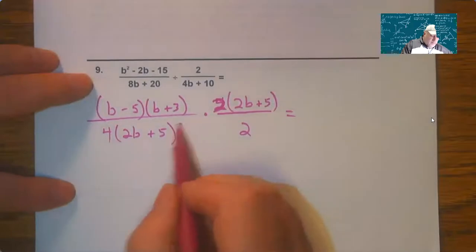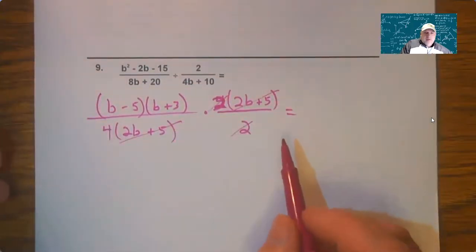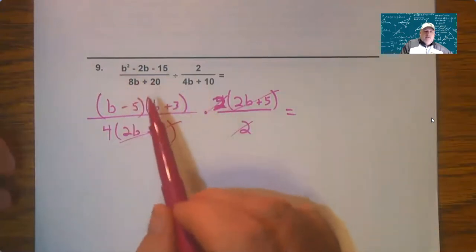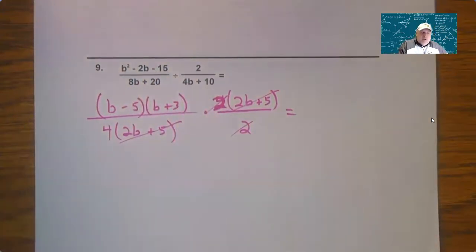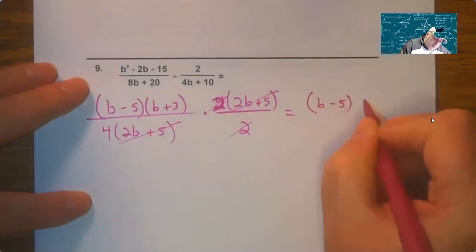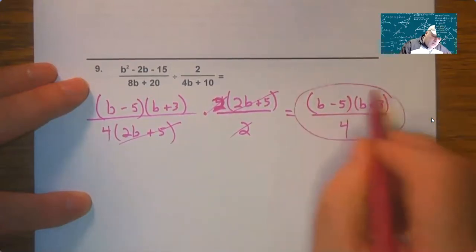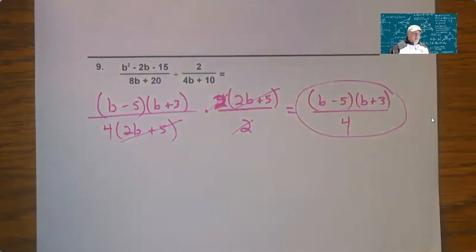And then it's a 1-for-1 canceling. I will tell you that almost all things are going to factor. So attempt to factor all pieces. Obviously 2, there's no factoring there, but don't leave common factors in. You have to attempt to factor everything. So we're left with the b minus 5 times b plus 3 all over 4. So go through, there's some factoring you can do on each piece of those.